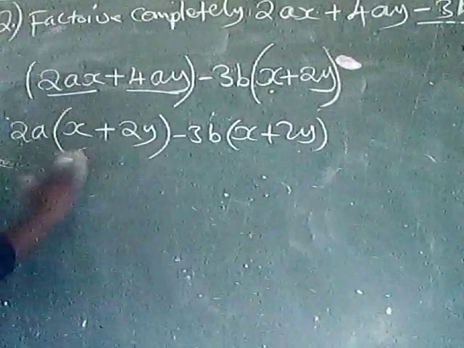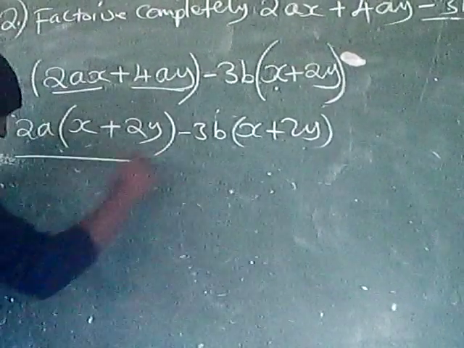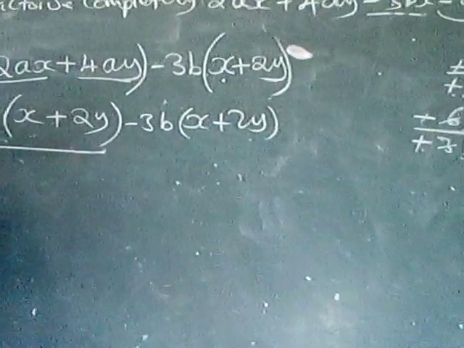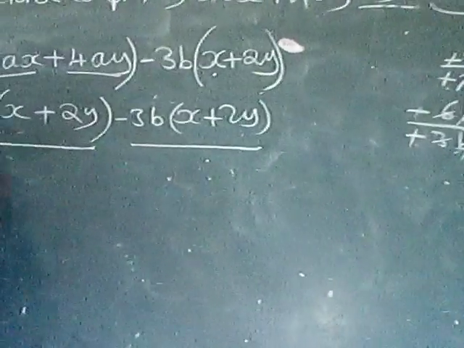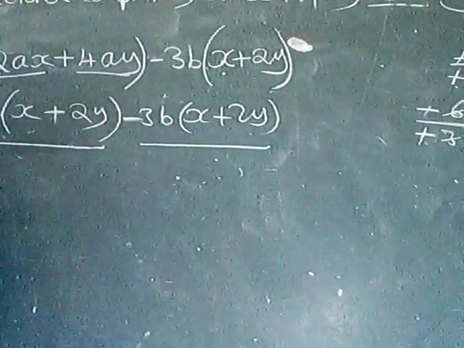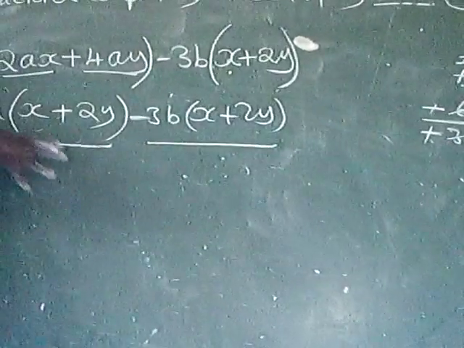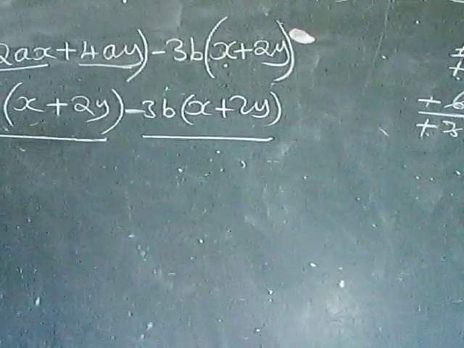We once again have two terms: this part from here up to here, and the part from here to this side. Between these two parts, we have a minus here. So what is common between this part and this part? If you can check.